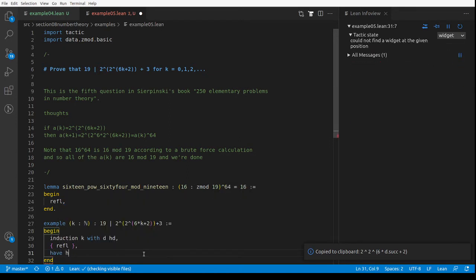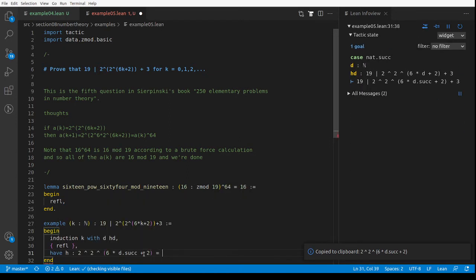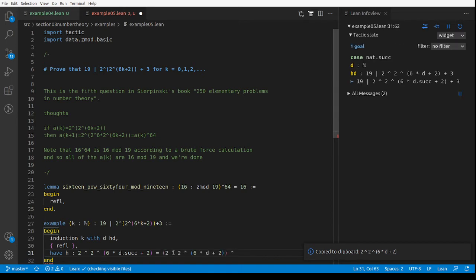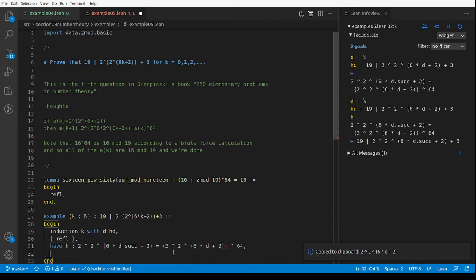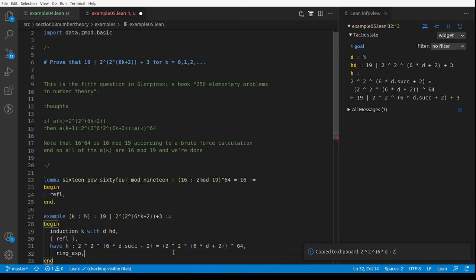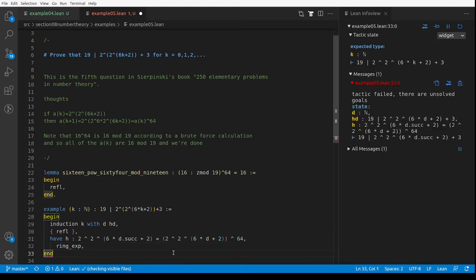So we have h: that thing there equals this thing here, copy, equals this thing here to the power 64. And does ring_exp do this? Oh, it does. Look at that. Yeah, it's done it.